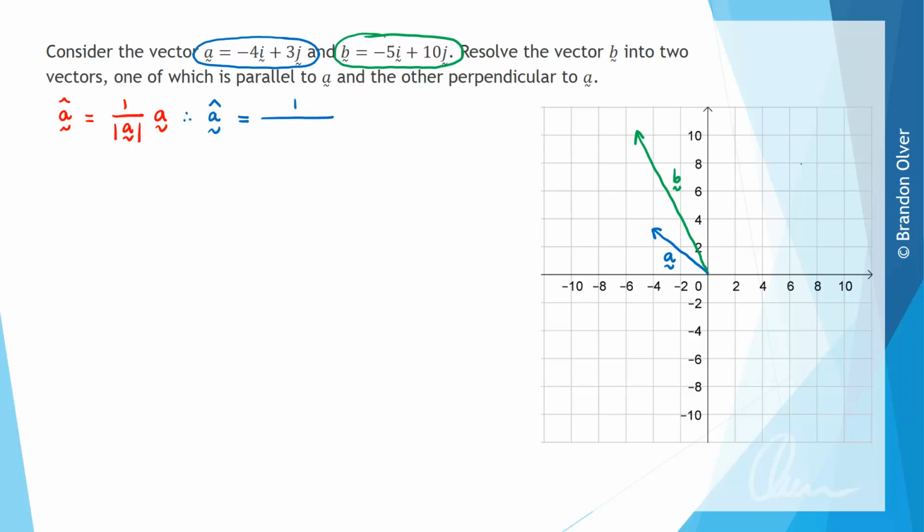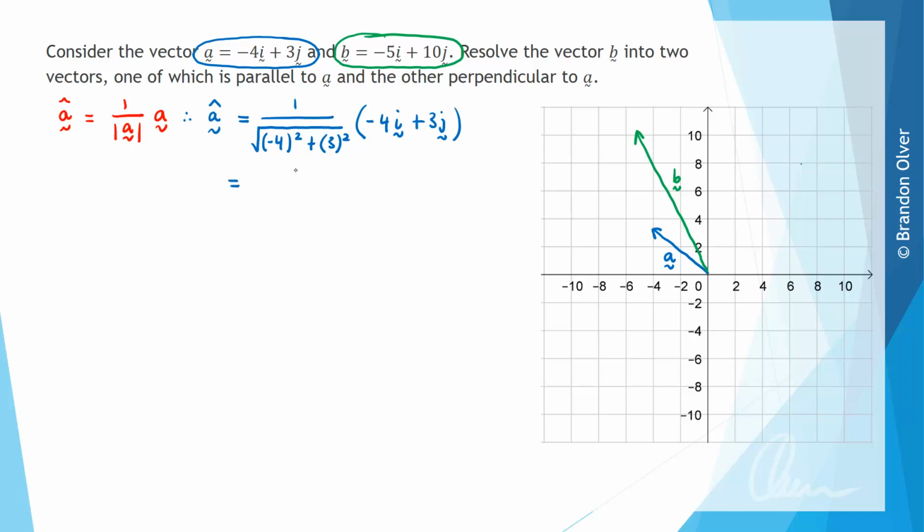by the magnitude of A, and to calculate that we need to use Pythagoras' theorem, as that's essentially just a right angled triangle. So we have the square root of minus 4 squared plus 3 squared. So that's going to give the length of the vector A, and then we still need to multiply that by the vector A, which is minus 4i plus 3j.